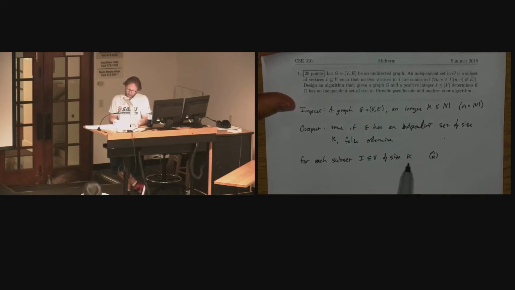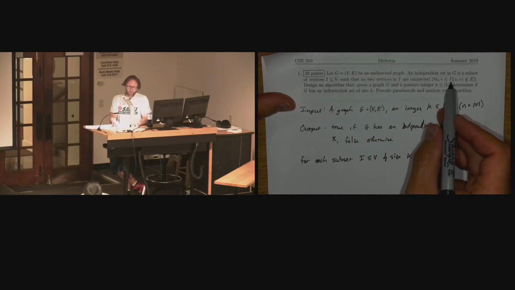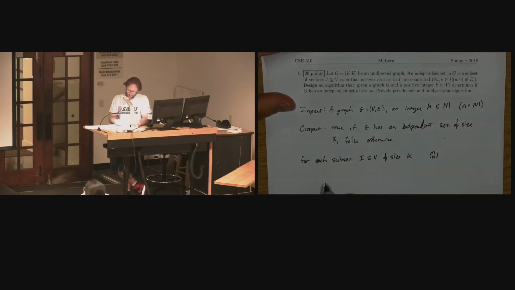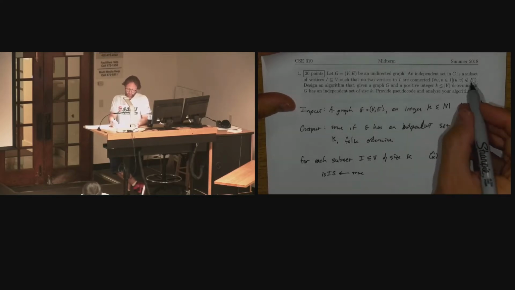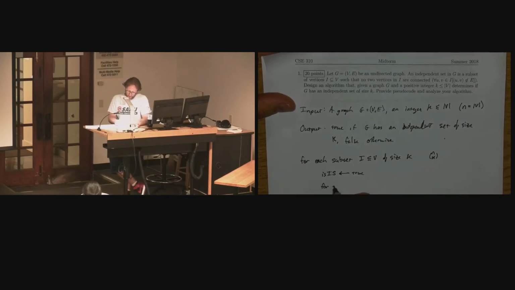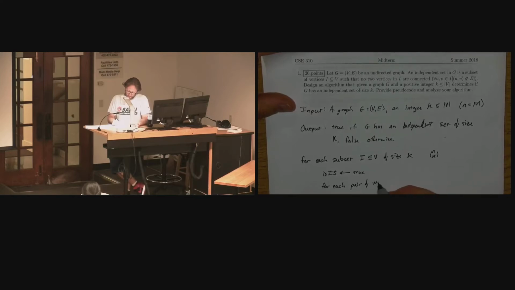For each subset of size k, we need to verify whether or not it's an independent set. So I will set a flag, is independent set. We'll assume that it's true until we find reason not to believe that it's true by finding an edge. So for each pair of vertices, let's call it x and y in I. I is our independent set that we think is an independent set, and we're trying to verify that.